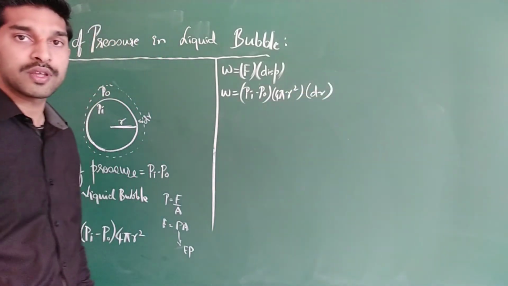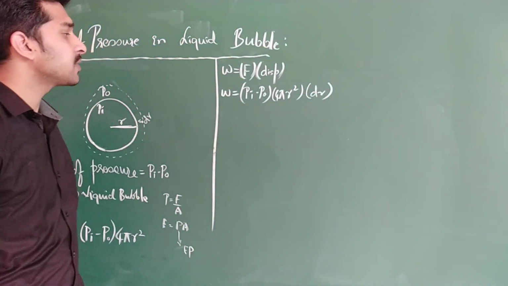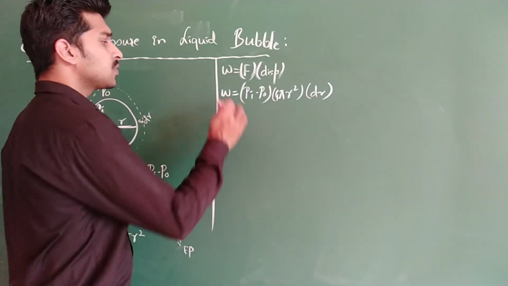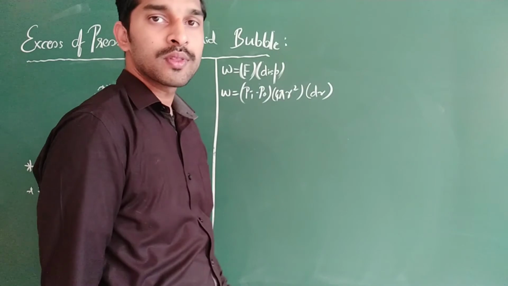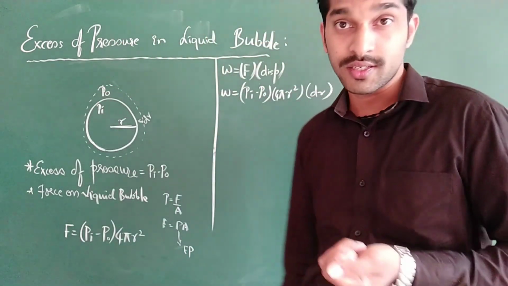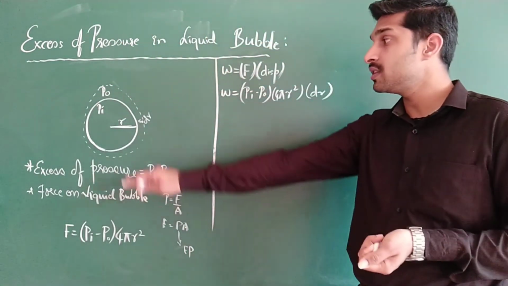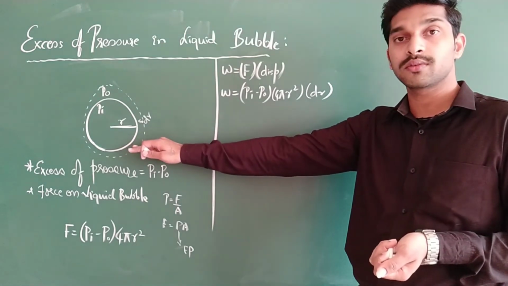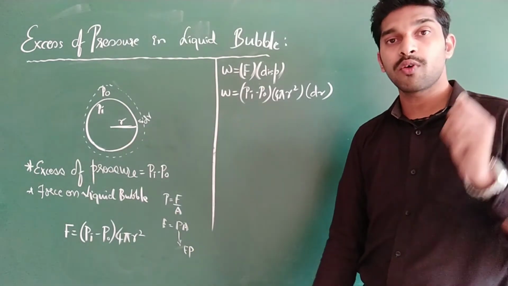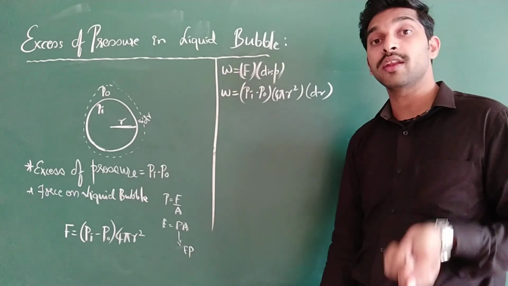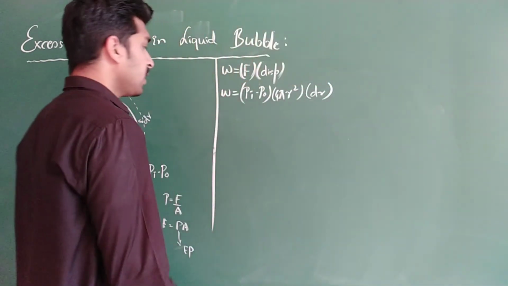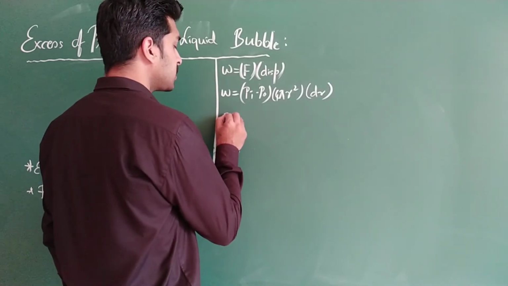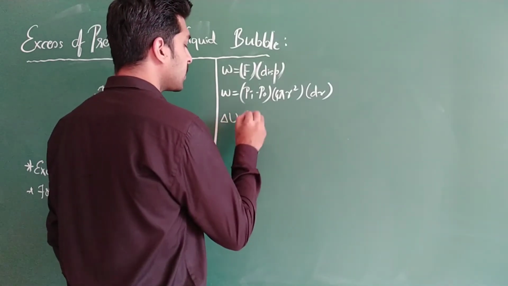Yes, dr. Very good. So if this much work has to be done, some amount of energy is stored in this liquid bubble in the form of potential energy, remember.